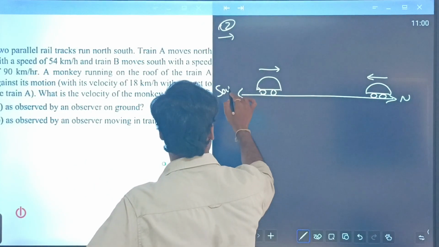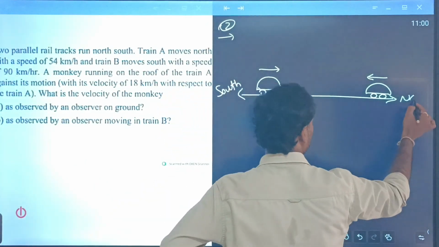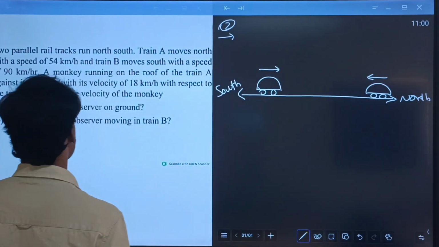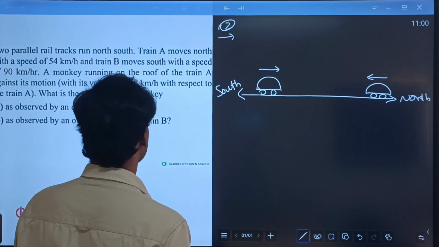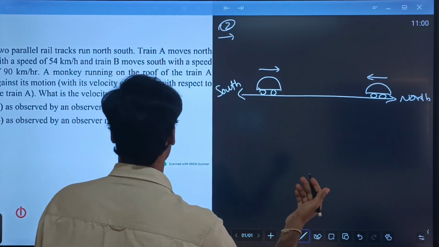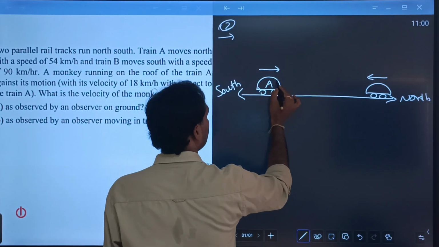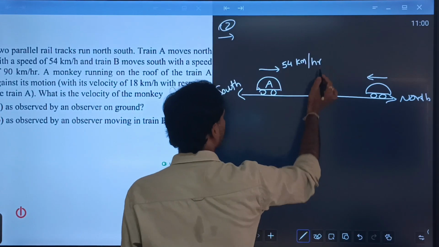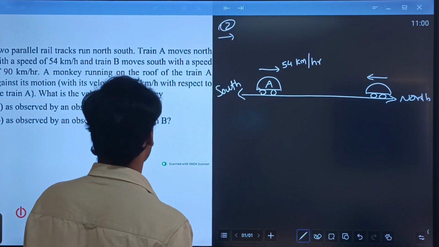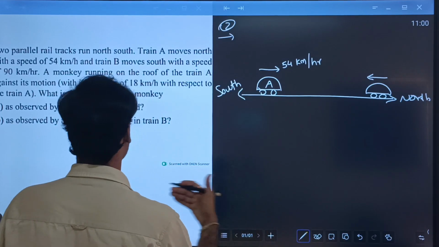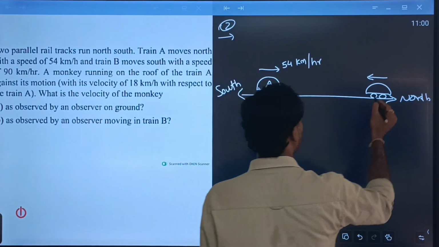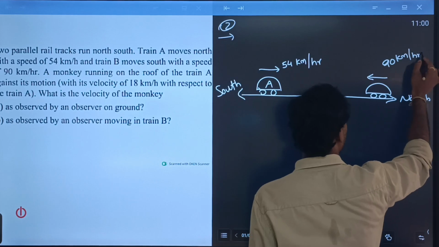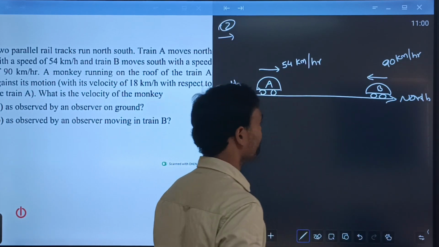Suppose this is the southward direction and this is the northward direction. Two parallel rail tracks run north-south. Train A moves north with a speed of 54 km per hour, and train B moves south with a speed of 90 km per hour.